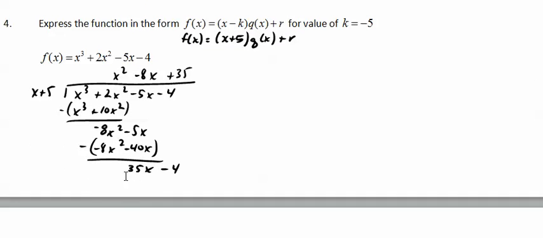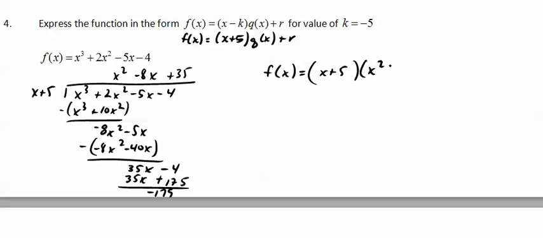And let's see, that would be 35x plus 175, that's negative 179. Okay, so now I've got my remainder. So I can write this function as f of x equals x plus 5 times x squared minus 8x plus 35 minus 179.